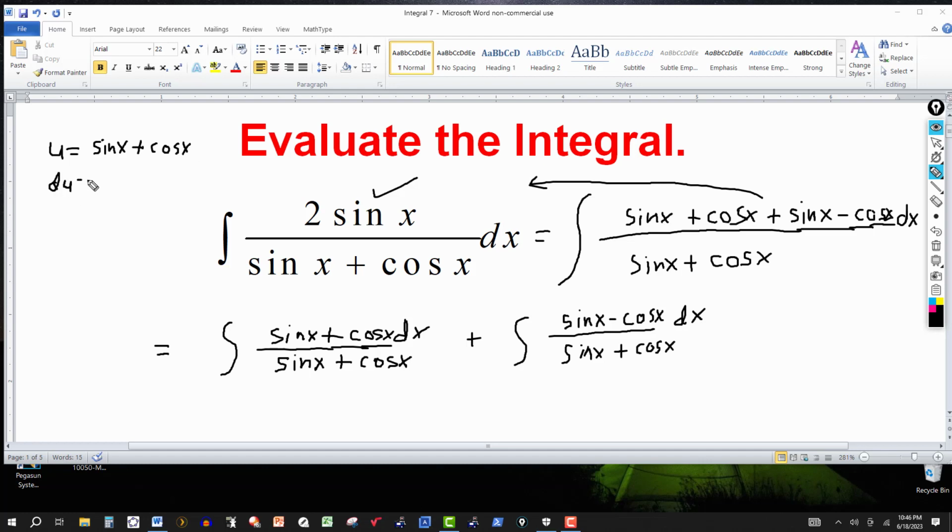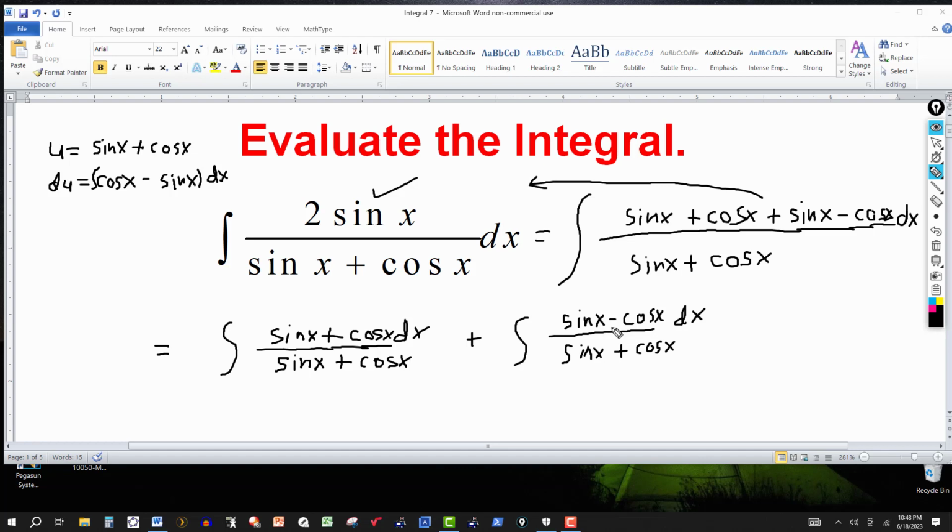Then du is equal to the derivative of this. Derivative of sine is cosine. Derivative of cosine is minus sine. And this would be dx here. Okay, the only thing I need now is I need these signs to be reversed. You look at the substitution over there.